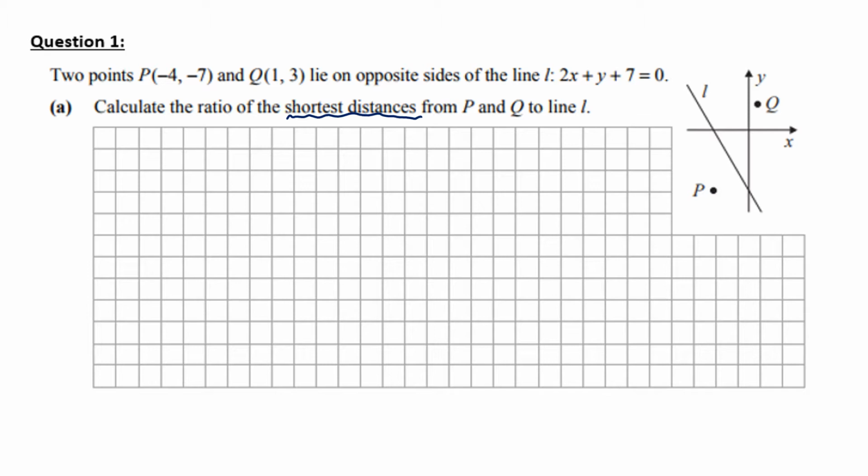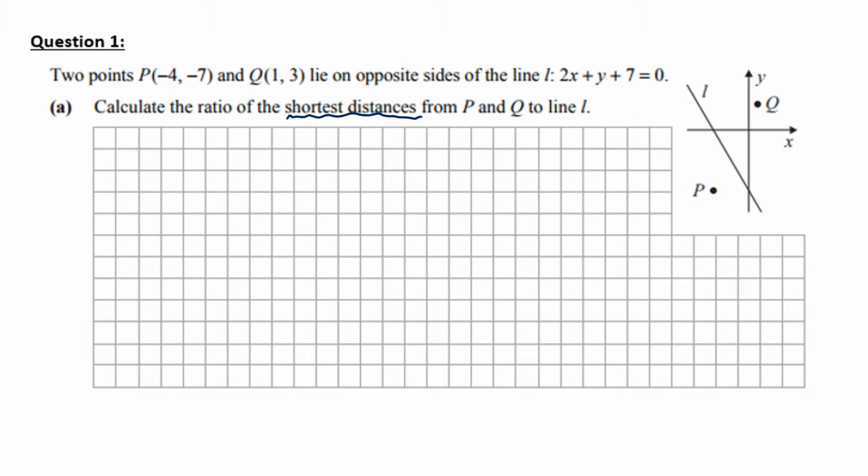Your perpendicular distance formula is going to be on page 19 of your log tables. At the very top of page 19, you'll find your shortest distance formula, and that's what we're going to use.